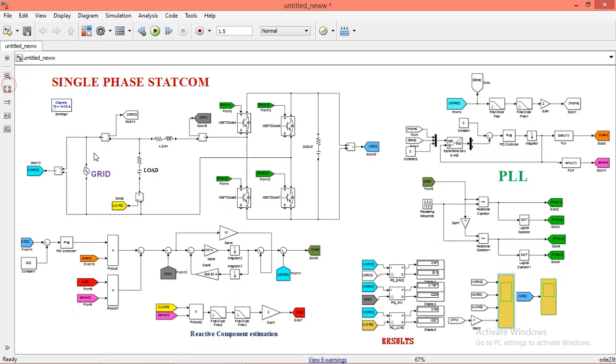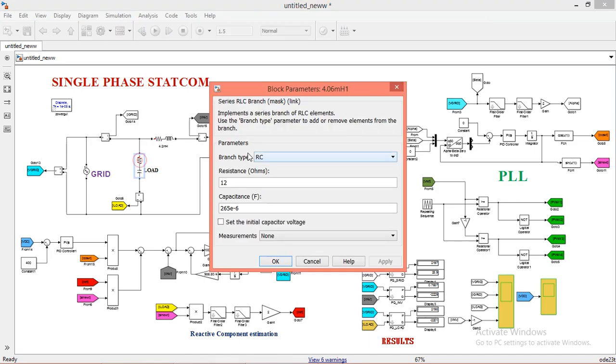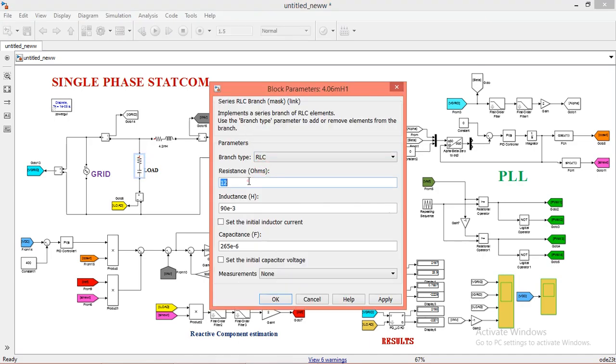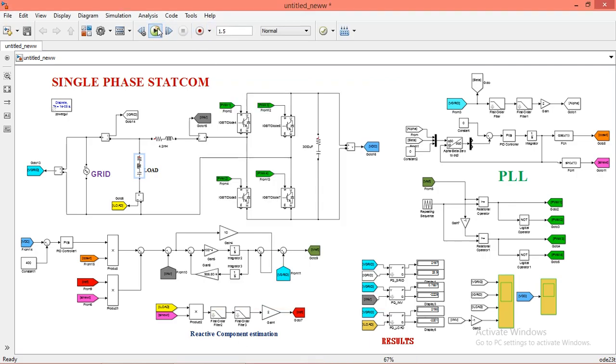Now we will see for an RLC load. What will happen if we connect an RLC load? So I'll put a value of resistance as 13 ohms, inductance as 20 millihenry, and capacitance as 250 microfarad. Again run the simulation.